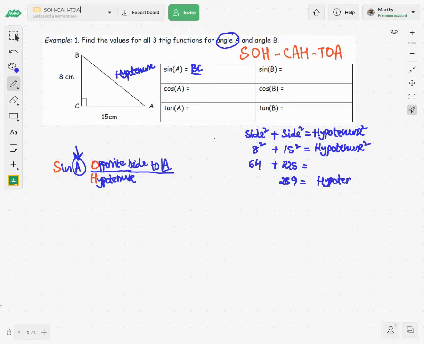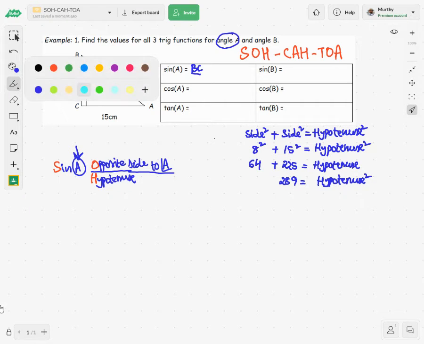Remember, here we want to find the value of the hypotenuse, not the hypotenuse square. So how to eliminate the square part? Simply you have to take a square root on the other side in order to eliminate this.